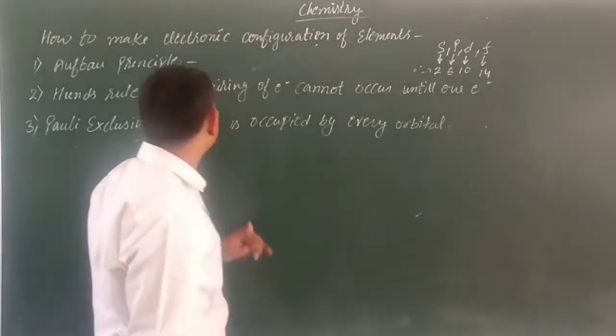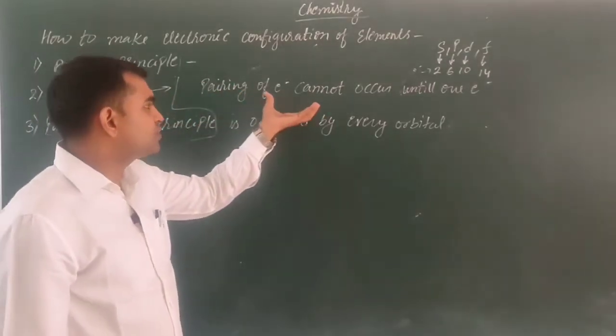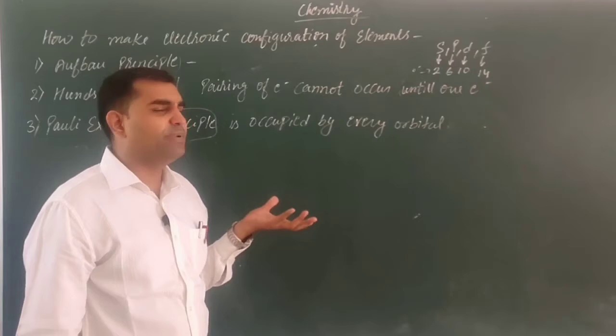This is Hund's rule. What is this? They are saying that pairing of electrons cannot occur until one electron is occupied by every orbital.